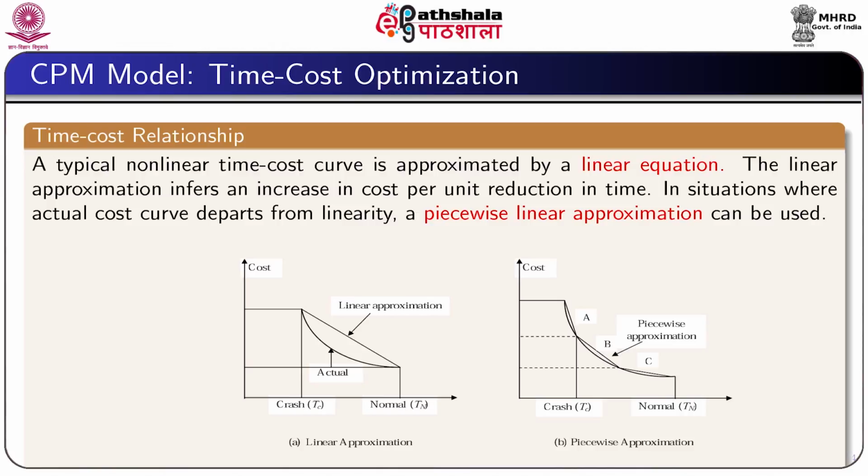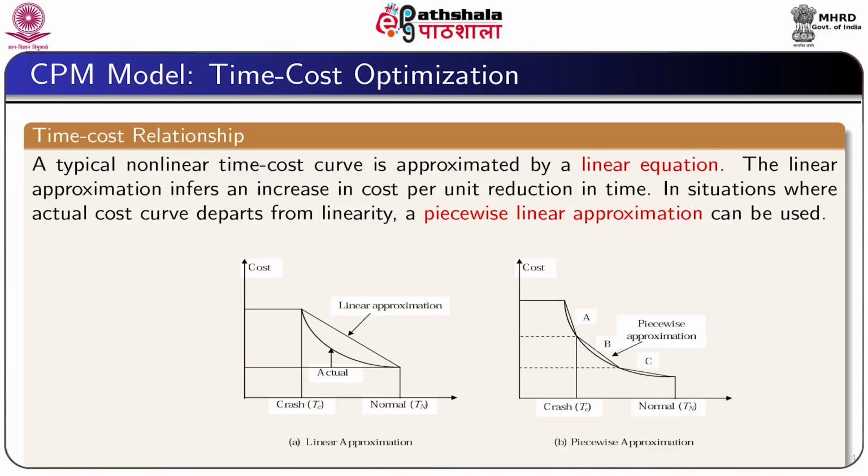Now, let me first define what we mean by a time cost relationship. Usually, a time cost relationship is nonlinear in nature. A typical nonlinear time cost curve can be approximated by a linear curve as shown in the left hand figure in the slide.